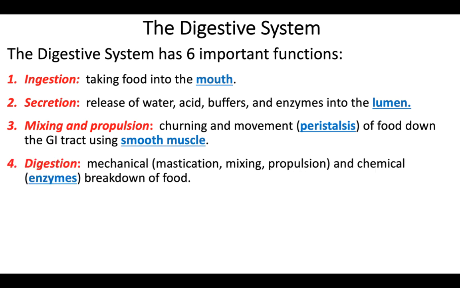There's obviously digestion. The whole system is named after this function. And digestion comes in two forms. There's mechanical digestion, such as mastication or chewing, mixing, and then propulsion, as well as there's chemical digestion.